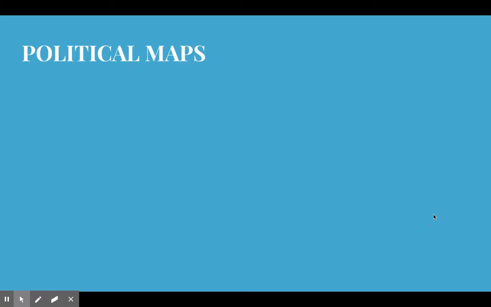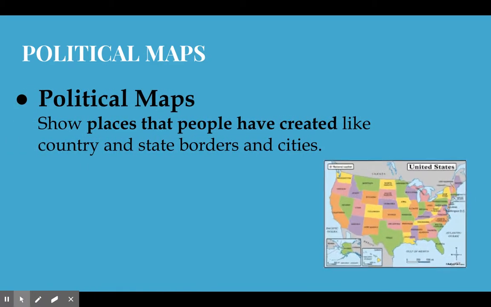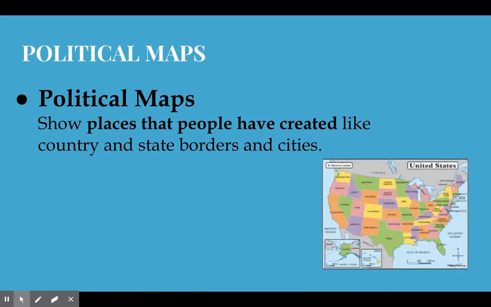All right, my next one, political maps. Ooh, political maps show places that people made. So it might show a specific border of a country. It could show the borders of the states, like this map here shows you all the individual states. Those are man-made.